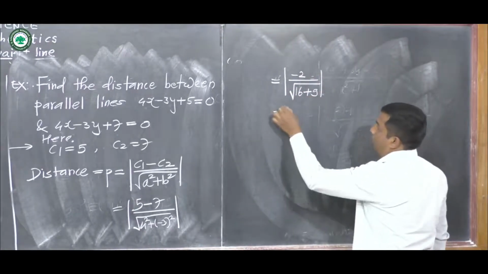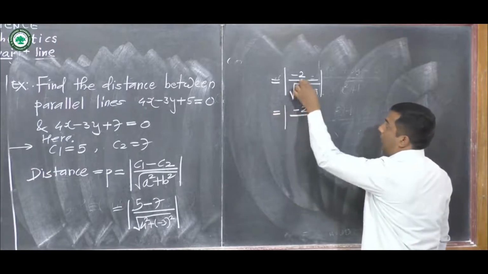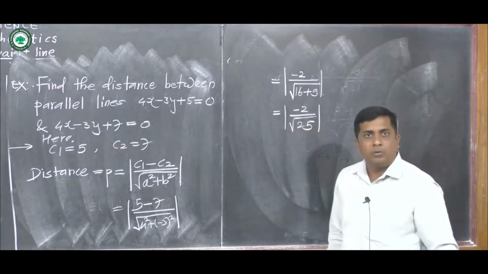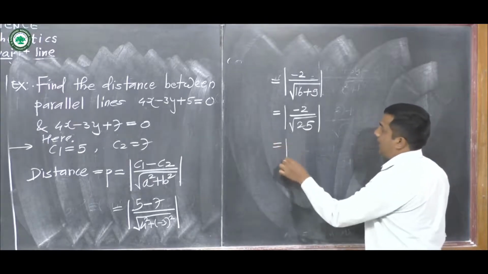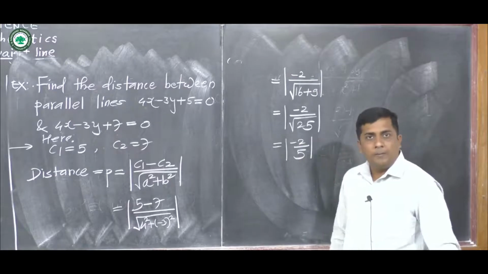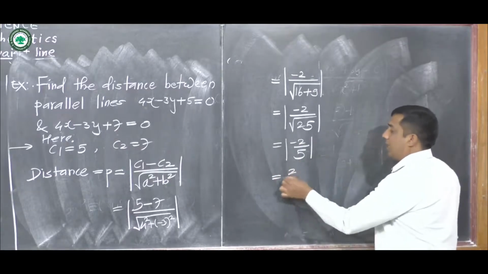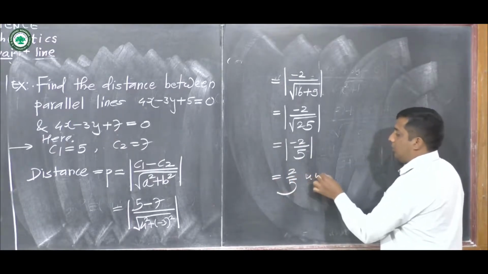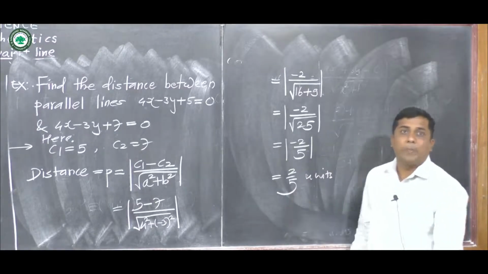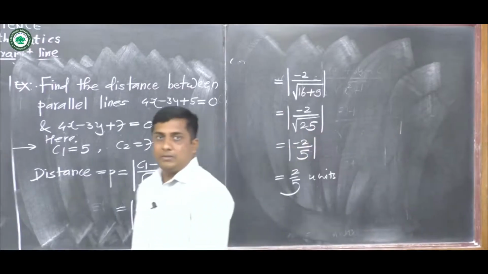This is minus 2 upon square root of 25. We know the square root of 25 is 5, so we get minus 2 upon 5. And lastly, taking the mod, we get 2 upon 5 units. So this is the distance in between two parallel lines.